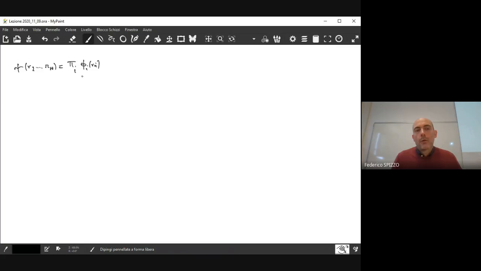So one comment is that this structure for the wave function is fine for what concerns the reduction of the mathematical complexity, but is not fine from the point of view that this wave function here has not the right symmetry that we expect to have for a fermionic wave function.